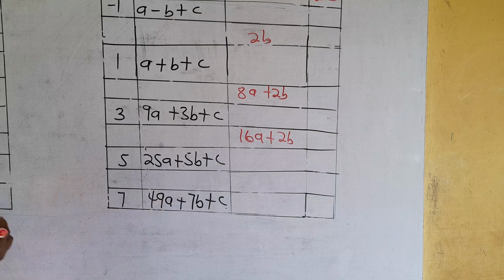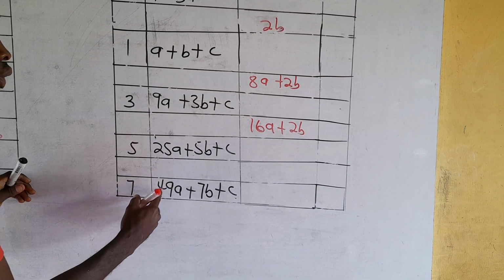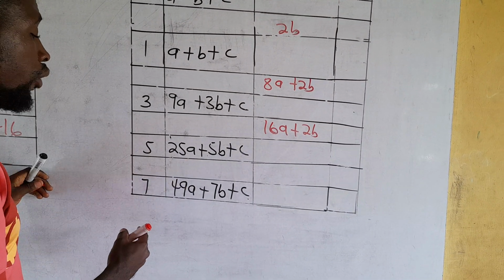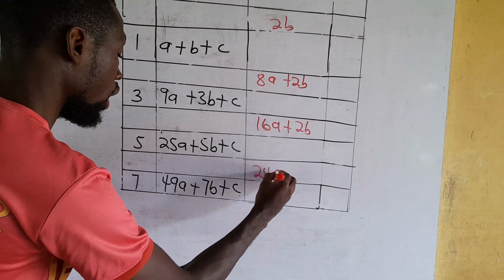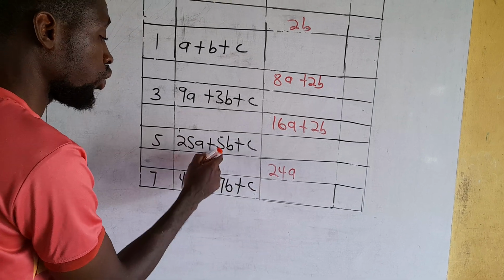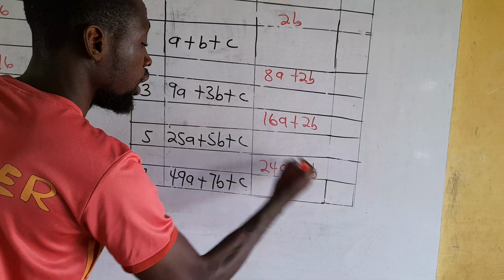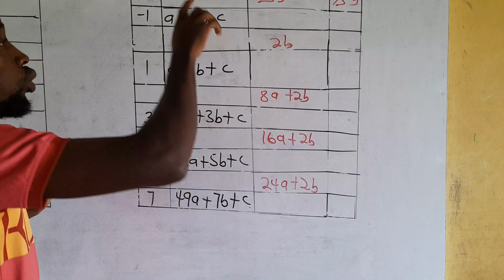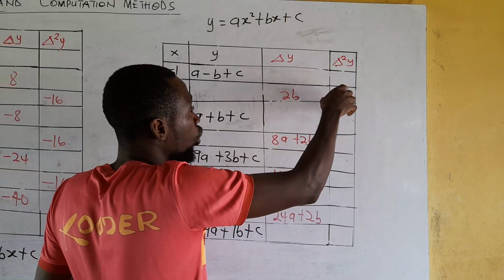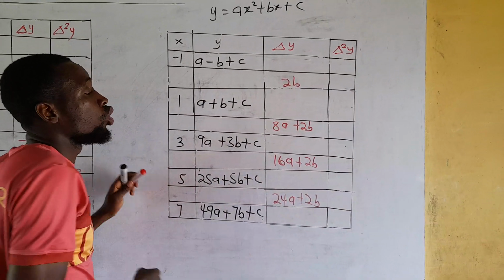Then this minus these two. So 49a minus 25a, that will give us 24a. Then 7b minus 5b, that will be 2b. C minus c will give us 0 as well. We go further. Since we know that our polynomial is a second degree polynomial, we find the second difference as well.